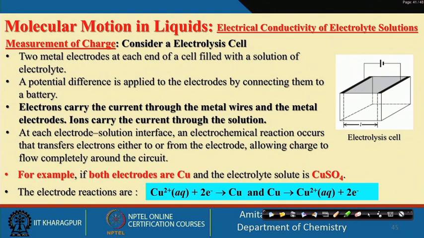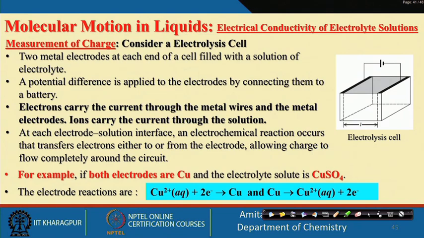For the circuit to be possible, the solution phase must be able to communicate with the interface through some electron transfer process, and that is what happens when you have an interface of metal and electrolyte solution. Either the electrode is going to gain an electron from the solution, or it is going to give an electron to the solution.